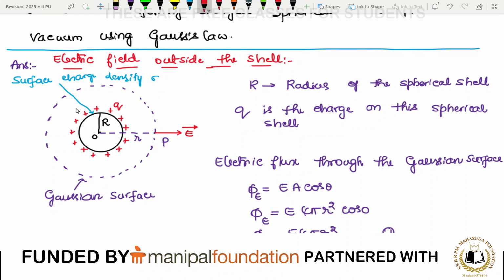Okay, the surface charge density of this one is sigma, and this is the Gaussian surface. What is the charge present inside this Gaussian surface? It is Q. R is the radius of the spherical shell, and Q is the charge on the spherical shell. Electric flux through the Gaussian surface, phi E, is EA cos theta. A becomes 4 pi r square, theta is 0. So phi is E into 4 pi r square.